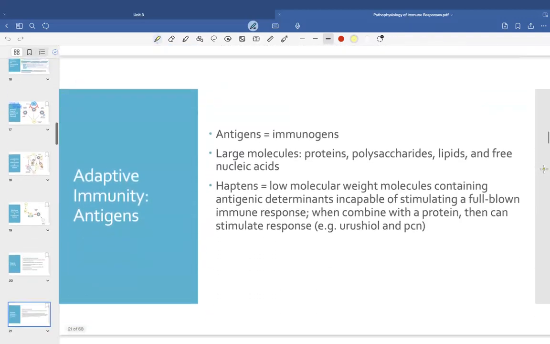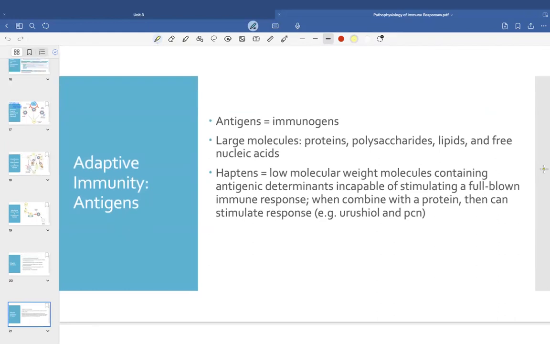Haptens are smaller, very low molecular weight, but they have antigenic determinants. By themselves, circulating in our blood, they're incapable of stimulating a full-blown response. However, if they combine with a protein, a larger molecule, then it becomes bigger and it can stimulate a response.